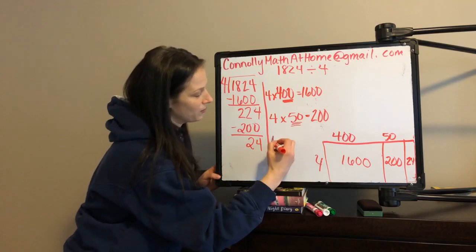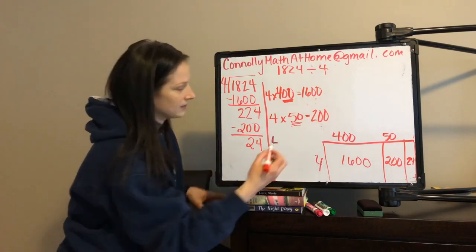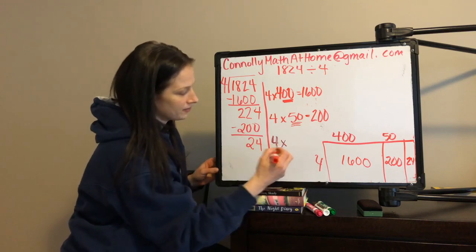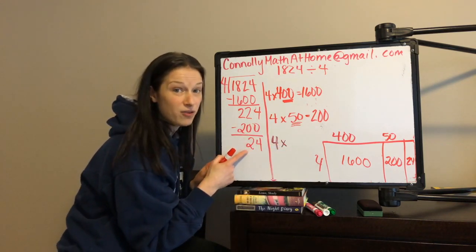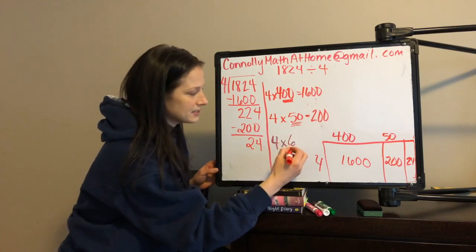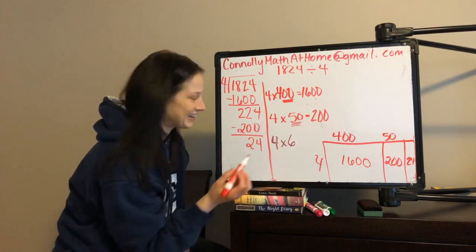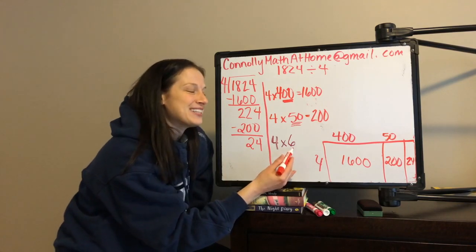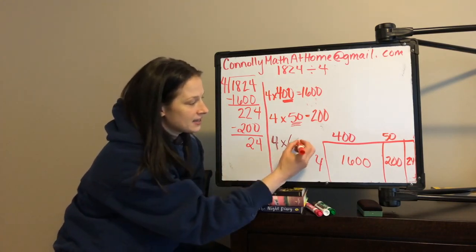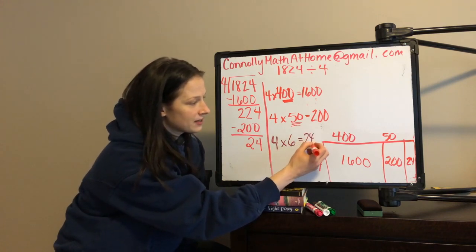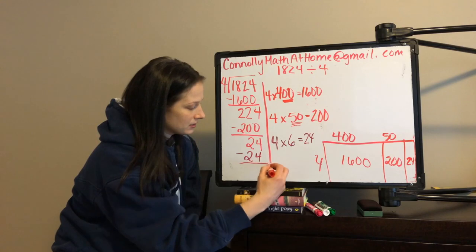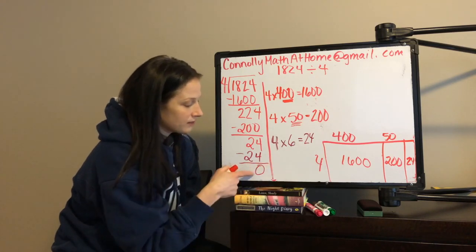So what we're left with is 4 groups of, and you're thinking about 4 times what makes 24. I'm going to put 6, I'm sad about my marker. I'm going to put 6 oranges in each of those 4 crates, which means that I've used the last 24 oranges. There's 0 oranges left over.